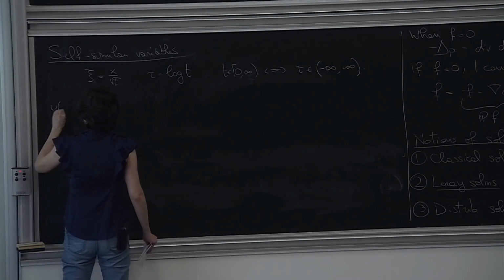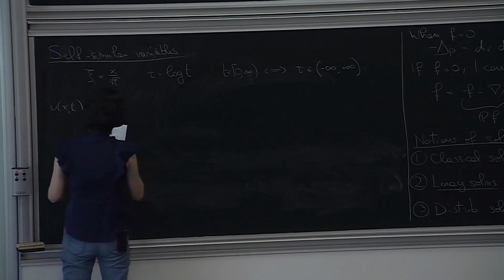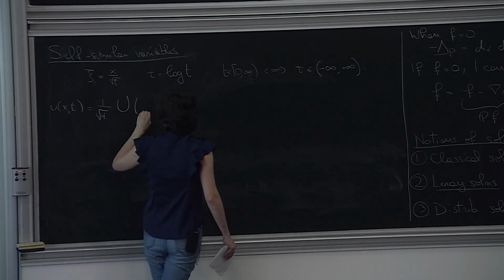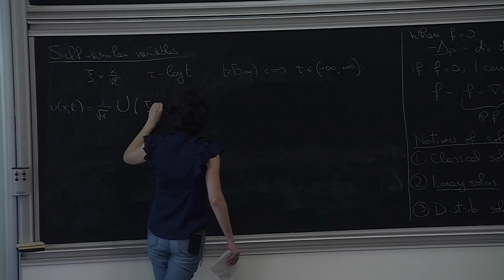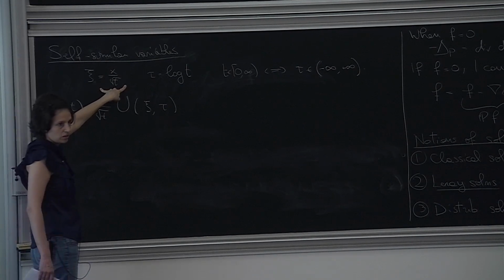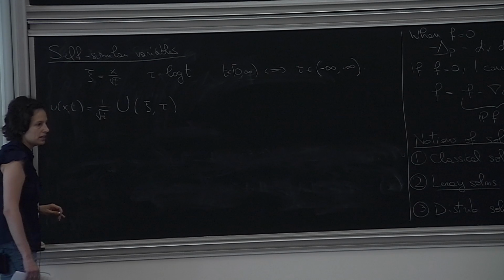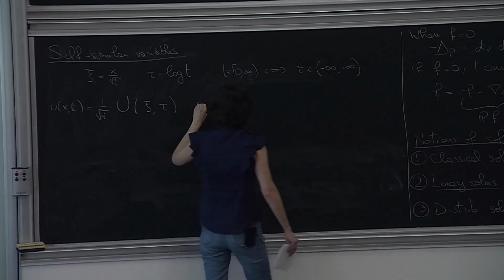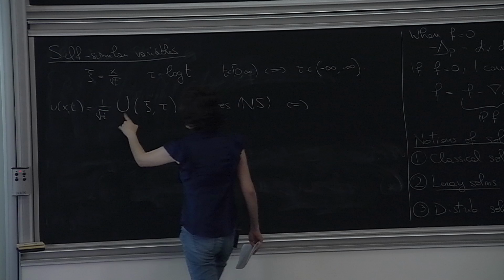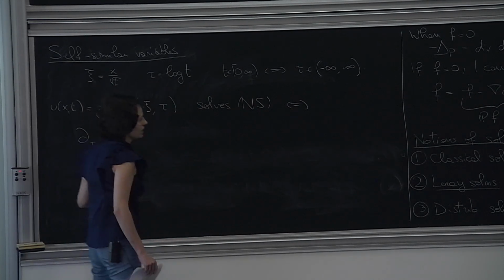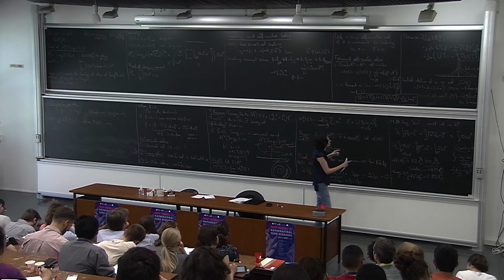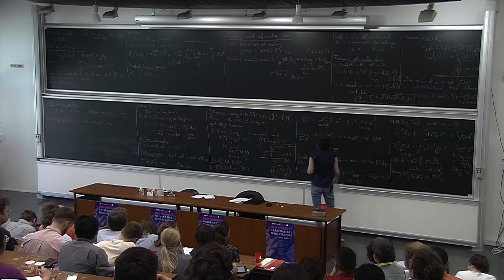And then u of x,t, you can represent it in general as 1 over square root of t, capital U of psi, tau. So any function of x and t you can represent in the variables psi and tau through a formula like that. And this solves Navier-Stokes if and only if the profile capital U solves another equation, which is basically Navier-Stokes with the extra factor that we found up there for the time derivative that is a bit funny.